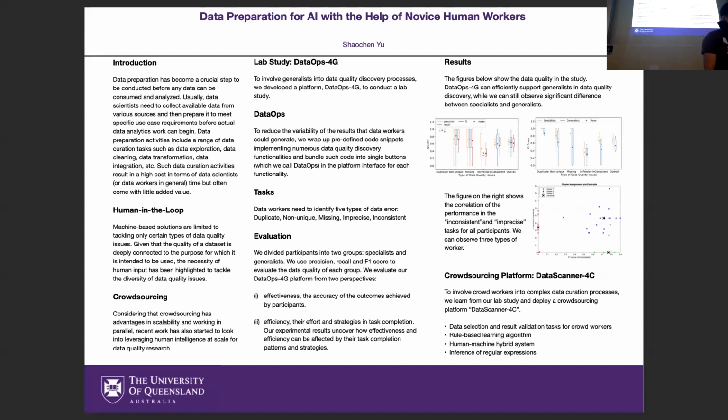Actually, state-of-the-art works are investigating the third option, which is called the human-in-the-loop option. They are building hybrid algorithms and hybrid systems to combine human and machine.